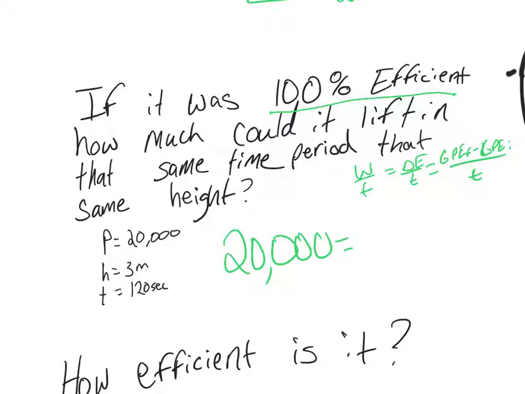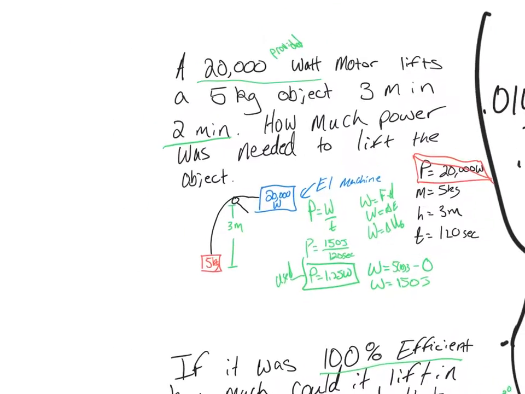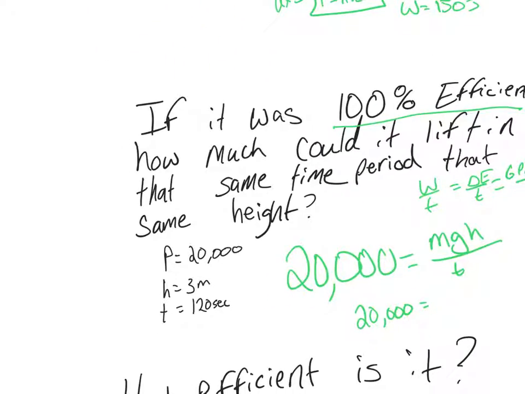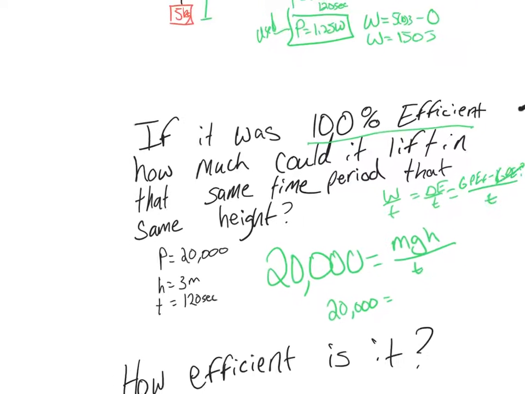Okay, again, work equals change in energy equals final minus initial gravitational potential energy. Now the initial is just 0, and the final is mgh divided by t. So this becomes 20,000 equals, sorry, what was the mass? 5 kilograms. Forgot to write that one down. Oh, sorry, we're looking for the mass because we want to know how much it could lift.